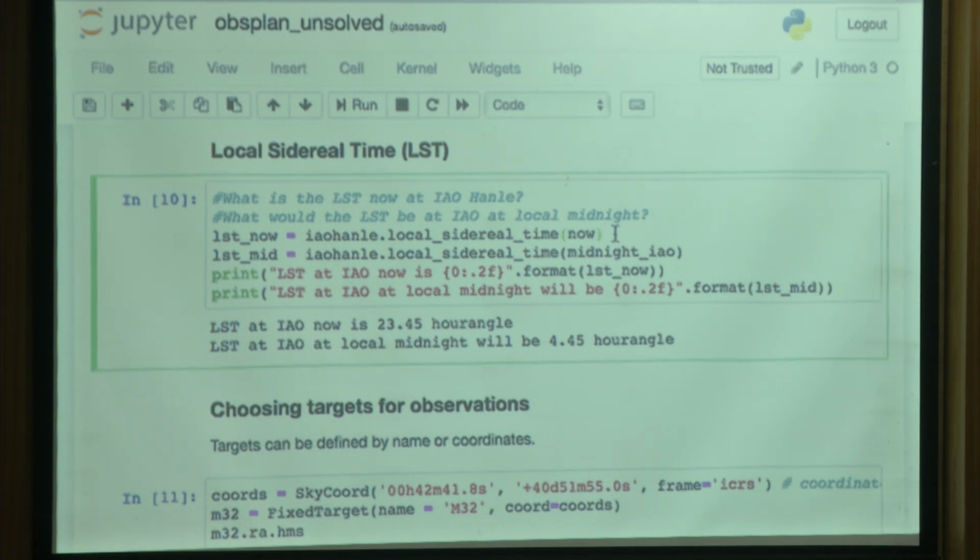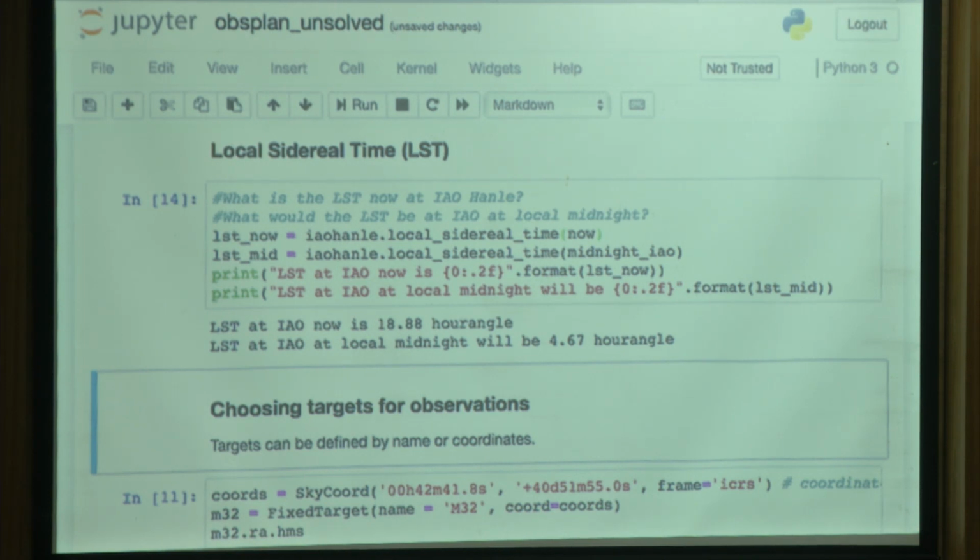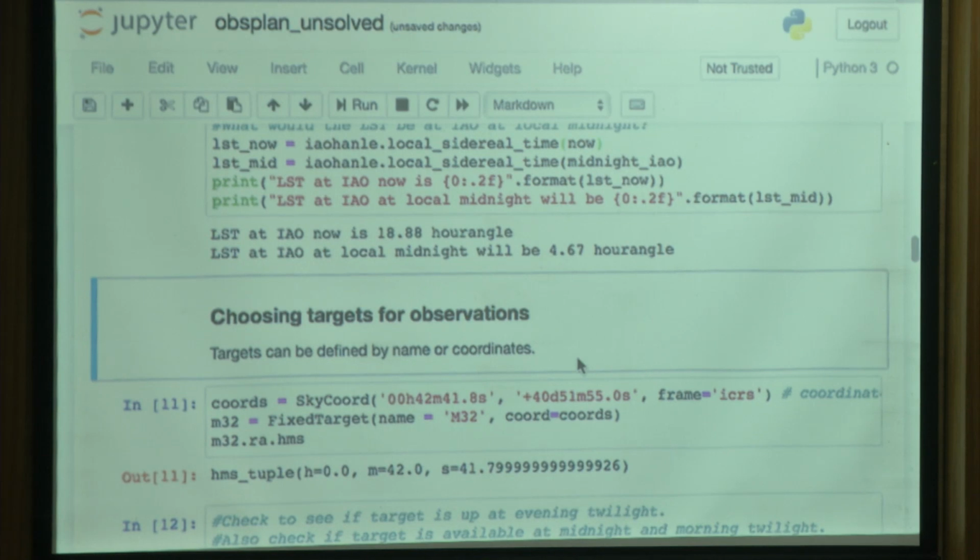So we have LST now, around 18.8 hours, and at midnight it is going to be around 4.7 hours. So we need to plan our observations accordingly and choose our targets which are visible at different parts of the night.